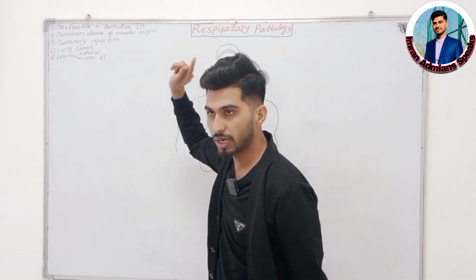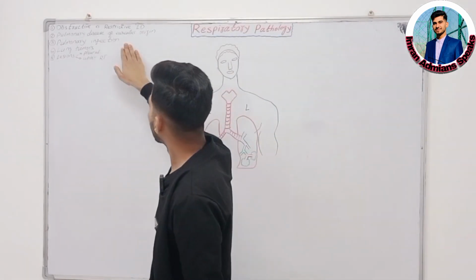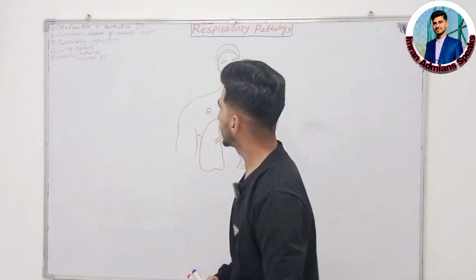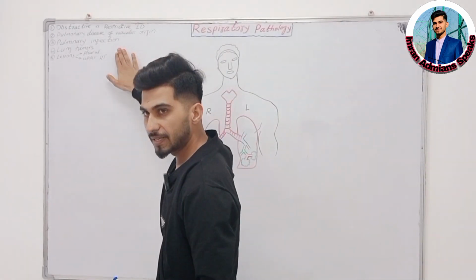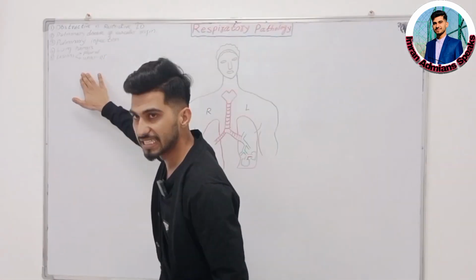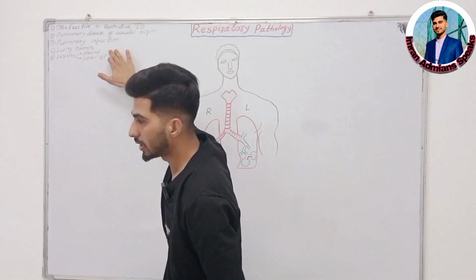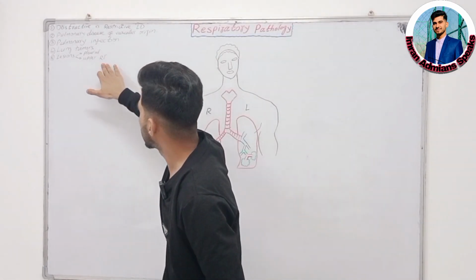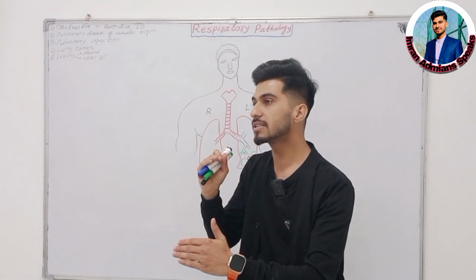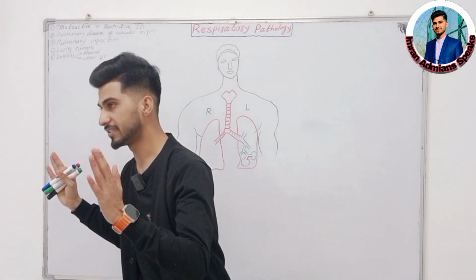Number two, pulmonary diseases of vascular origin. Number three, pulmonary infection. Number four, lung tumors. Number five, lesions, which may be pleural lesions or upper respiratory tract lesions. So these 5 points cover the whole pathology of respiratory system.